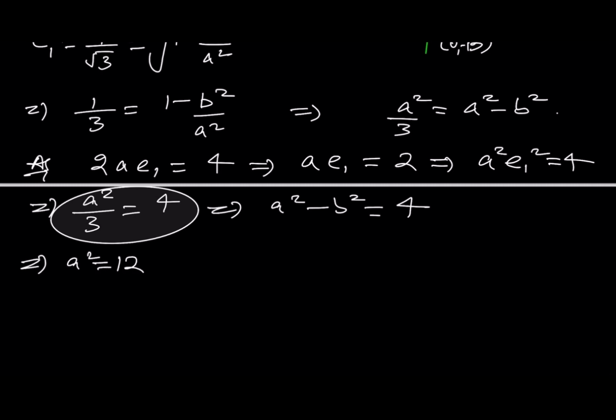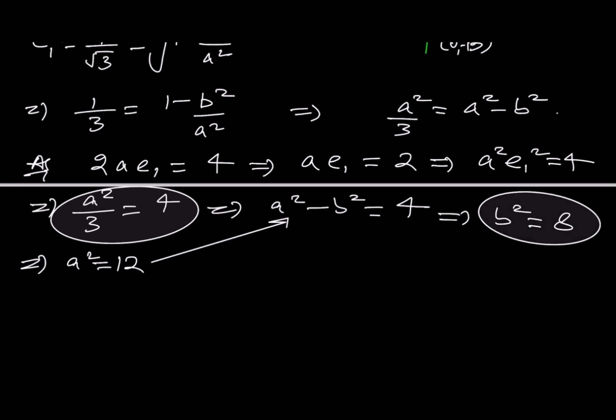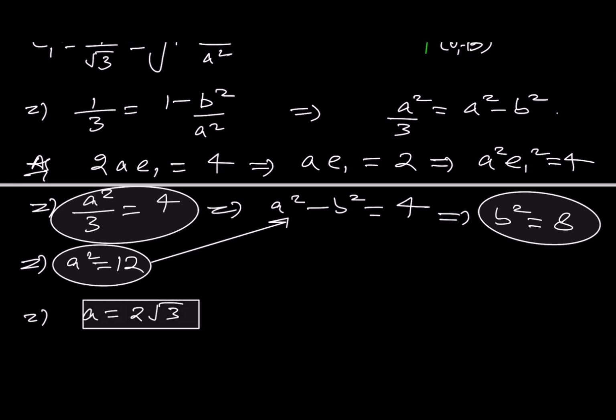If I put a square is equal to 12, then I get b square is equal to 8, right? So a square is equal to 12 and b square is equal to 8 implies a is equal to 2 root 3 and b is equal to 2 root 2.